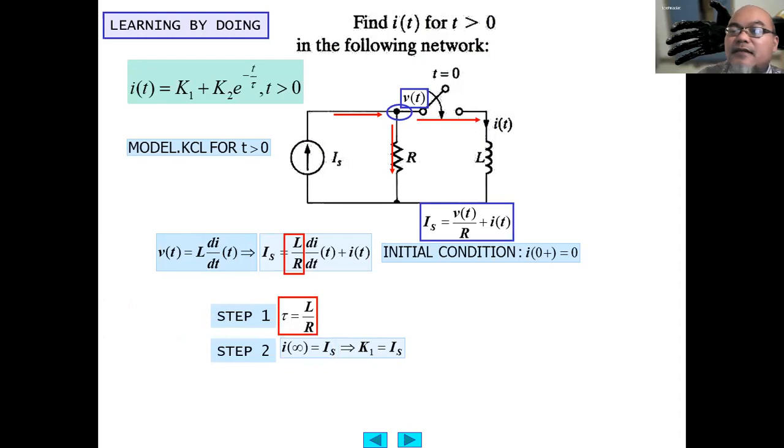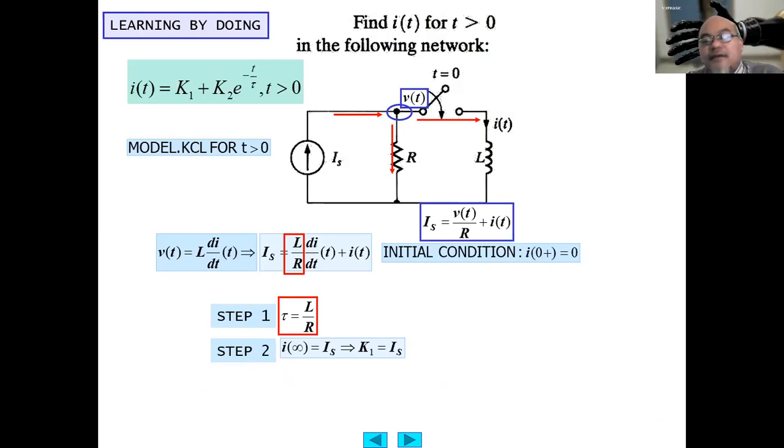Step 2, we find the steady state solution when t approaches infinity. So di/dt will be equal to 0. So it equals Is, and this equals K1. So K1 equals Is, the value of the current source. At step 3, we try to find the initial condition.